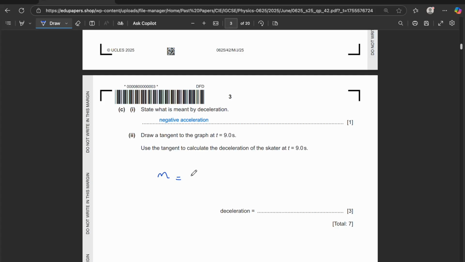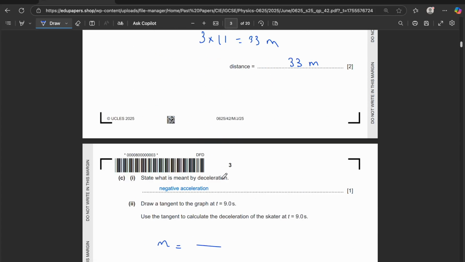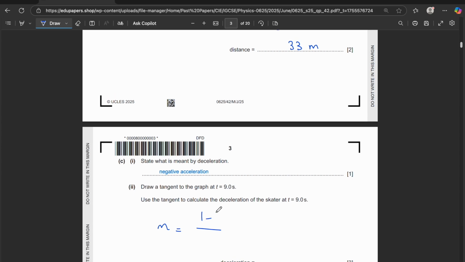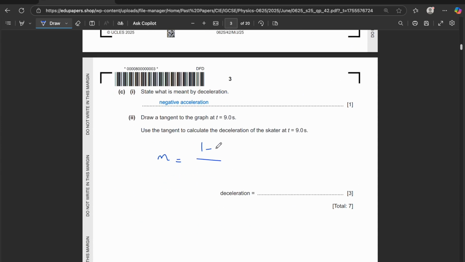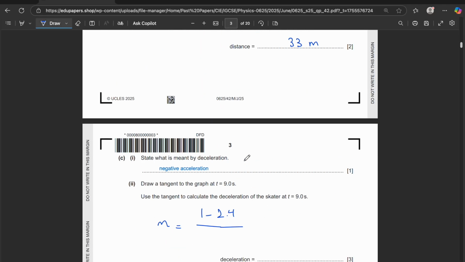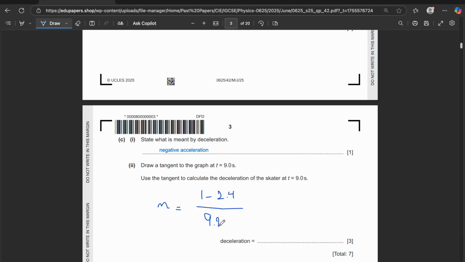m is equal to 1 minus 2.4 over 9.8 minus 8.2. So you get negative 0.875.